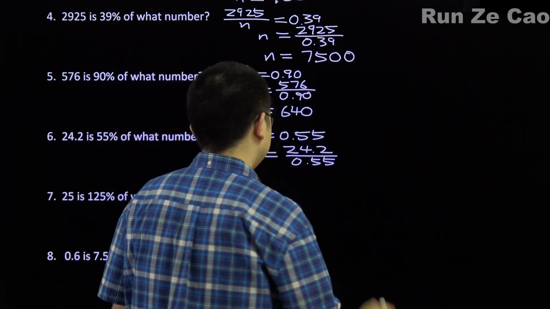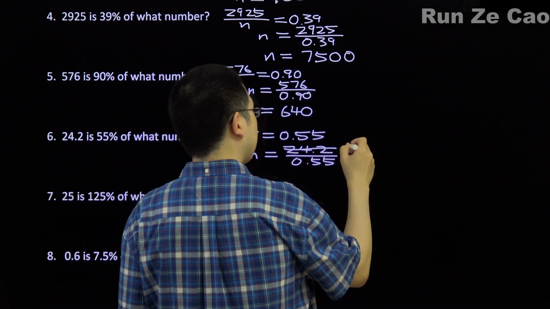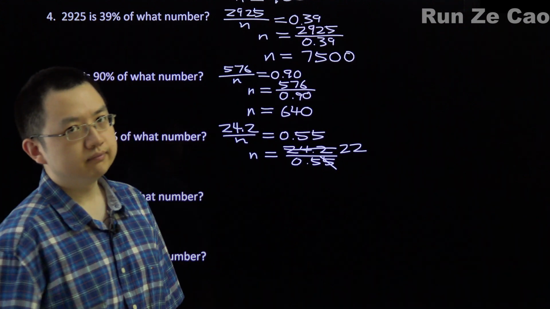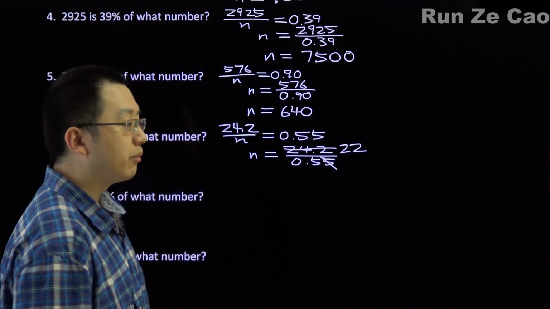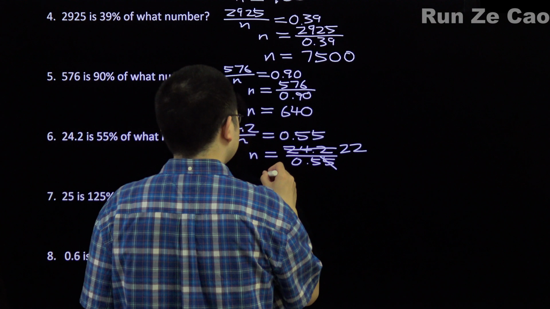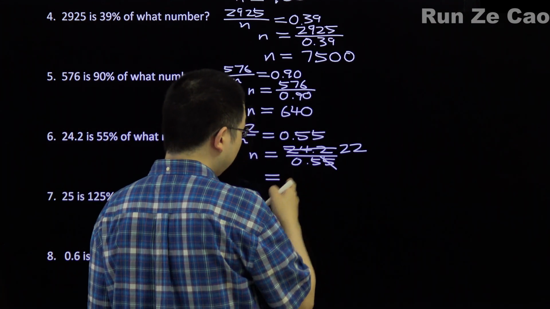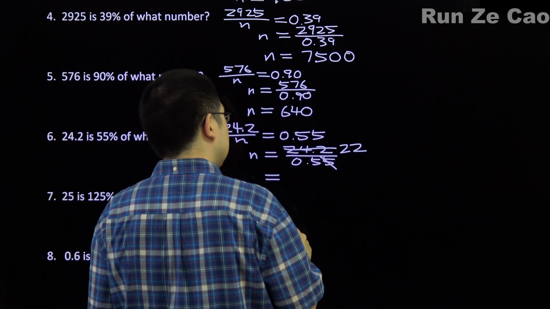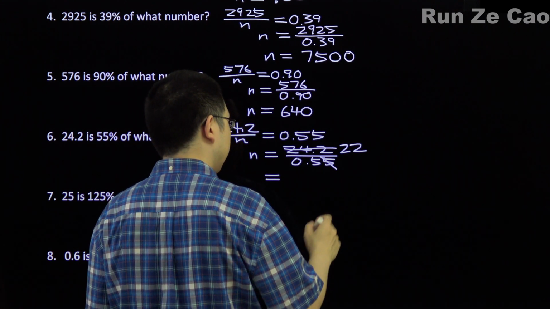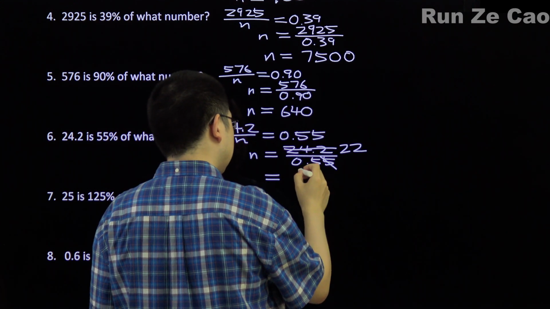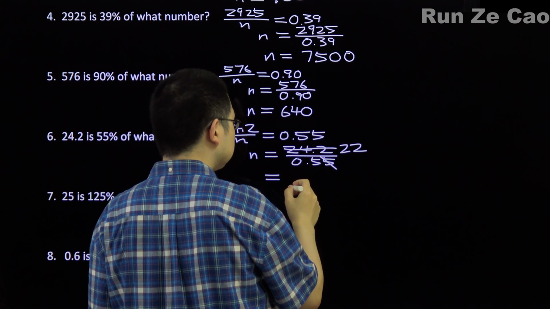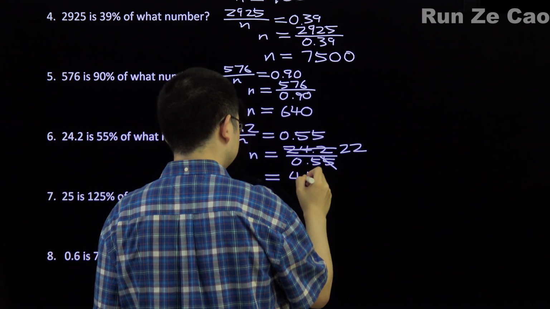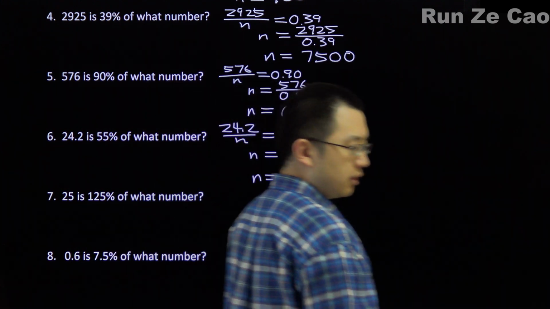If we factor out a 1.1, we end up with 22 up here, and we end up with 0.5 down here. So we divide both top and bottom by 1.1. Because 55 and 242 are both divisible by 11. So, what next? Well, 22 divided by 0.5, so divided by half, is just times 2, so 44. That's the value of n.